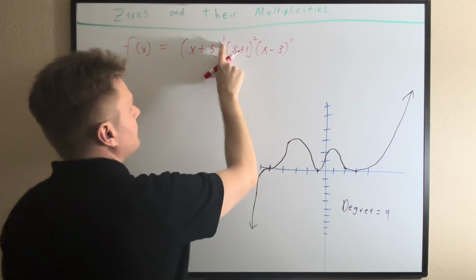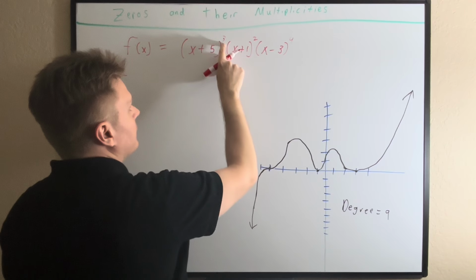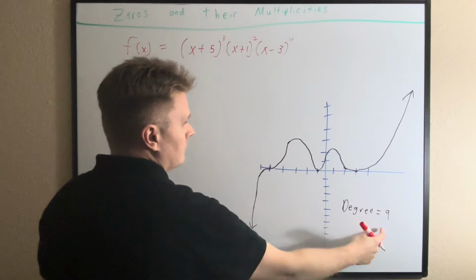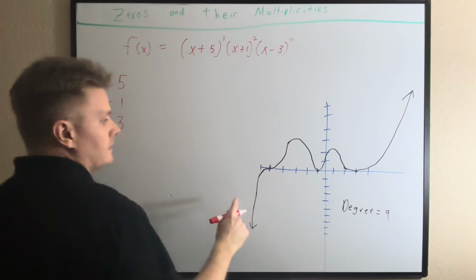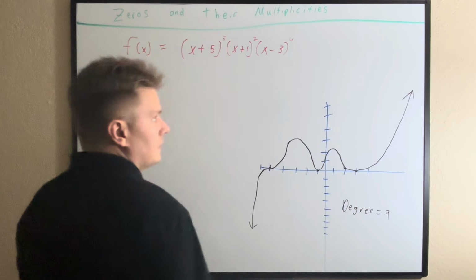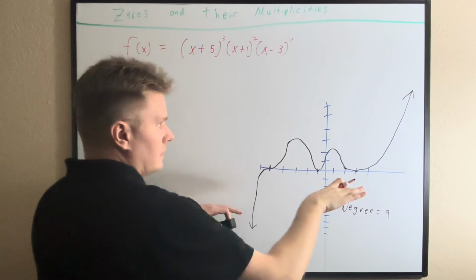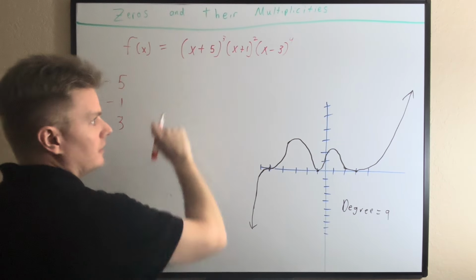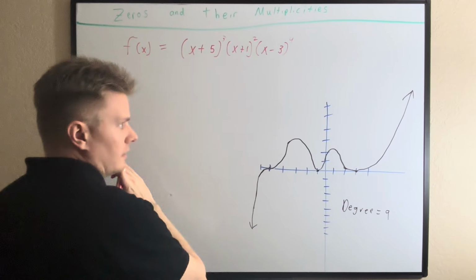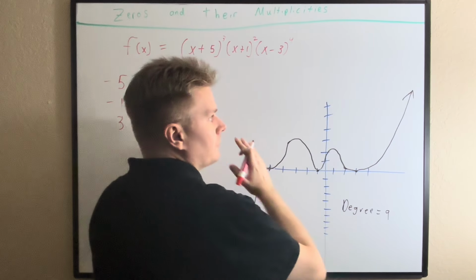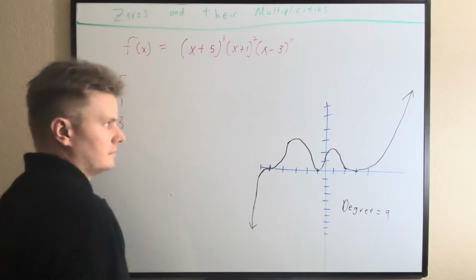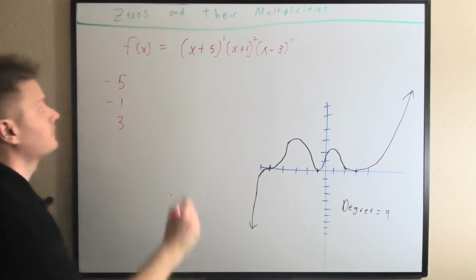Add up to 9. 3 plus 2 is 5, plus 4 is 9. And it's odd, so the end behavior, one goes up, one goes down, and it's positive because it's going up as we go from the left to the right. And there's your answer.